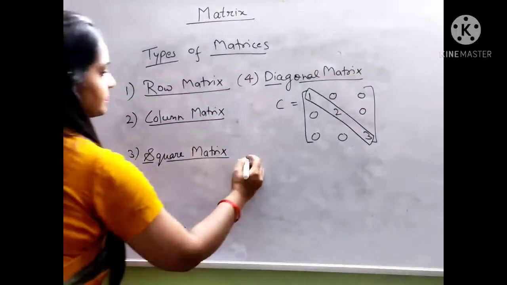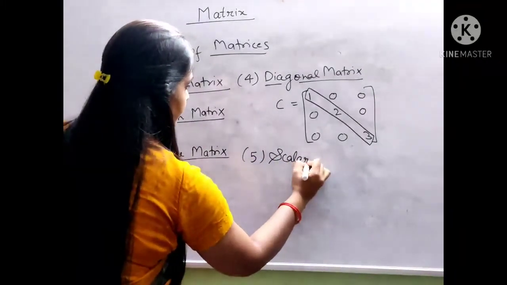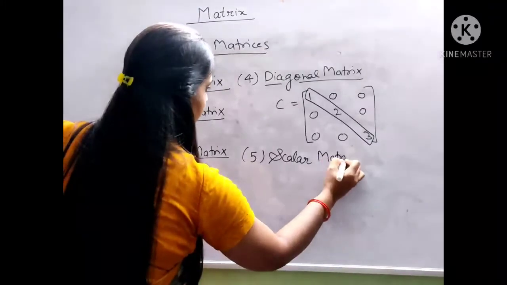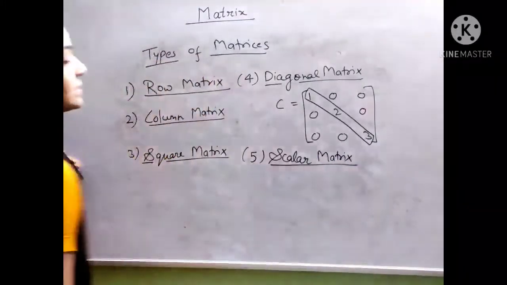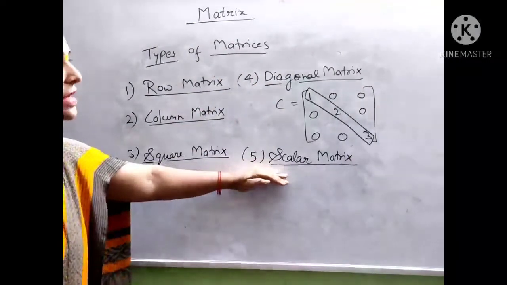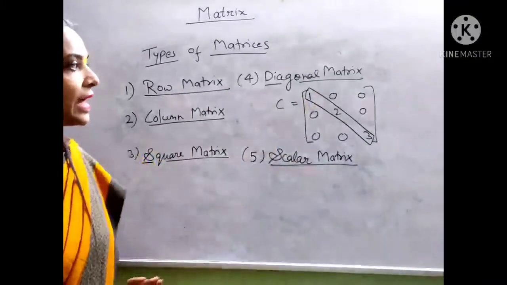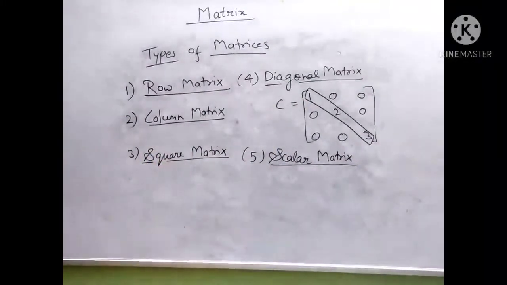Next one is scalar matrix. A diagonal matrix is called a scalar matrix if all the elements of the diagonal are equal.